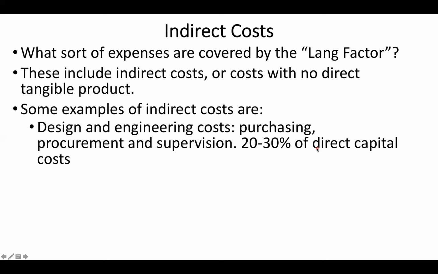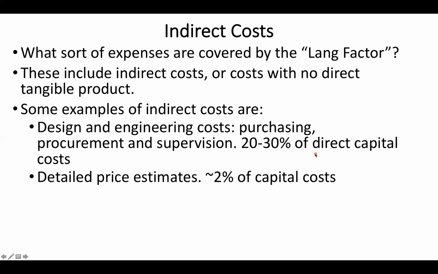So fairly high. We're also going to need to hire somebody to go out and get price estimates and make sure we get the best bang for our buck on all of our equipment. And it turns out that that alone can run up to about 2% of our overall capital costs.